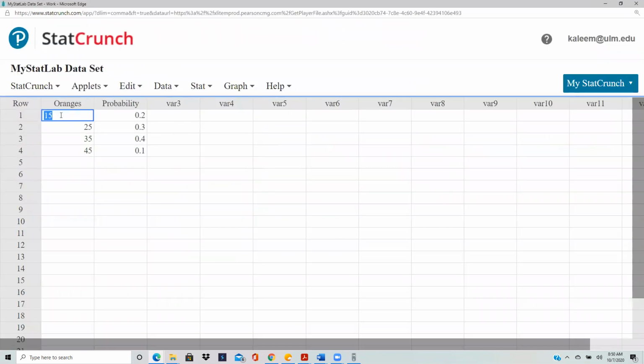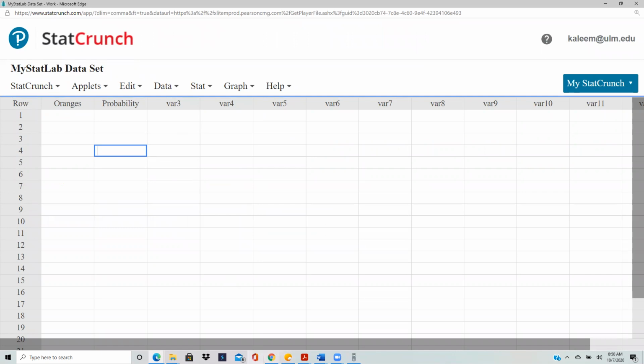You can also do it through statcrunch.com, and just open it brand new. And then I select everything, and if I backspace, everything is gone.